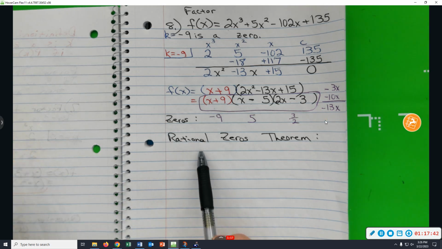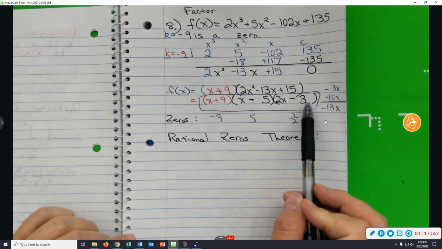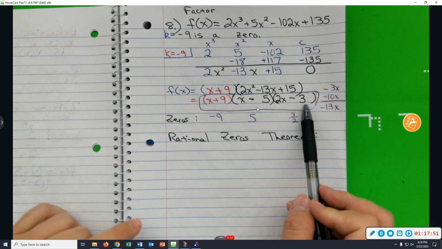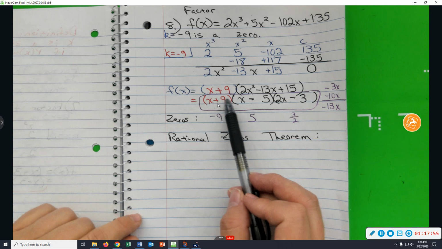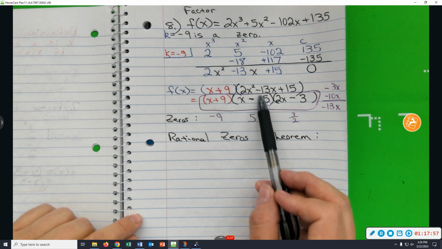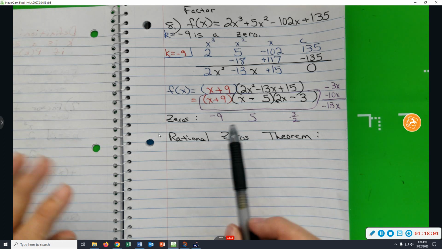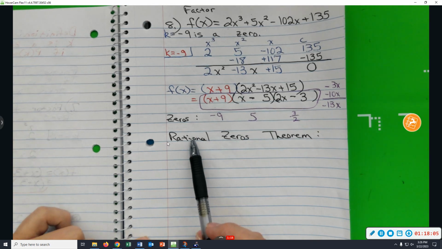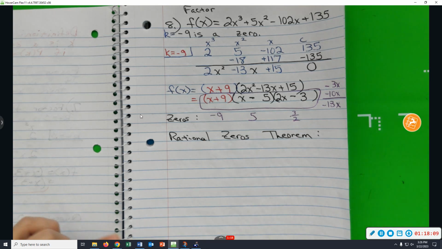That's not rational. But when you're solving by factoring, are you picking up square roots along the way? If you're factoring, do you expect to have an x plus the square root of 7 or x minus the square root of 5? No. And so you're not going to be finding irrational roots anyway. So having the restriction of it being for rational zeros, that's not a hardship, okay?